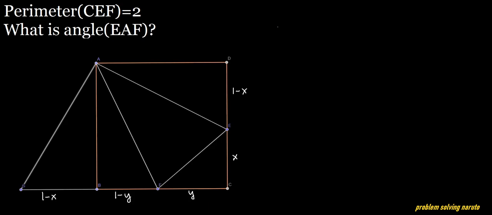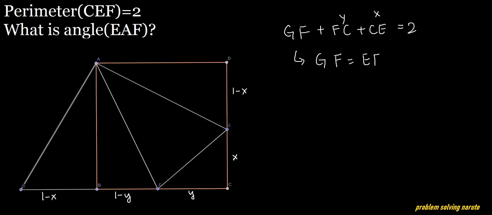So let me write down. We have GF plus FC, which is y, plus CE, which is x, is 2. But we are given x plus y plus EF is also 2. That tells us GF has the same length as EF.